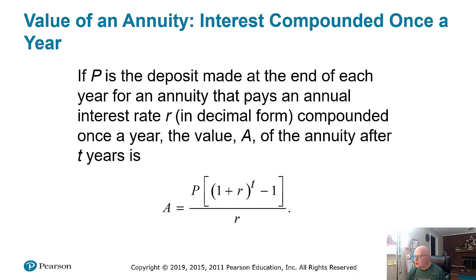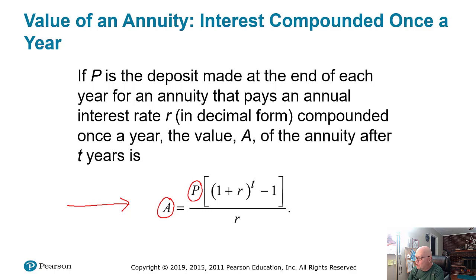Here's the formula you need for annuities. So grab this formula, put it somewhere important. Right here, A is the value of the annuity at a certain point in time. This is how much you're putting in on a regular basis. It's not all the principal you're putting in, it's how much you're putting in on a regular basis.